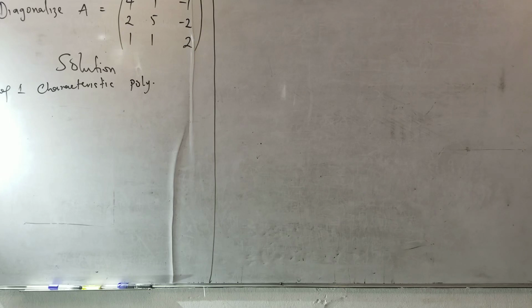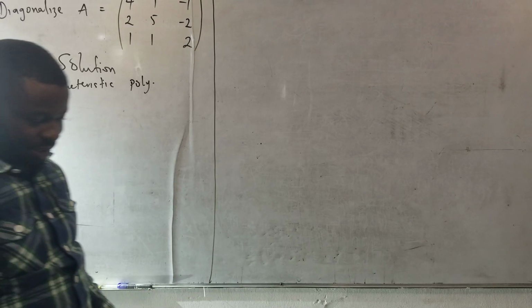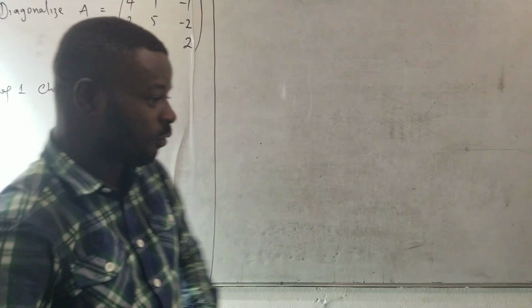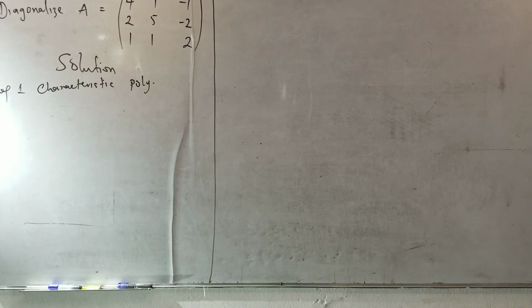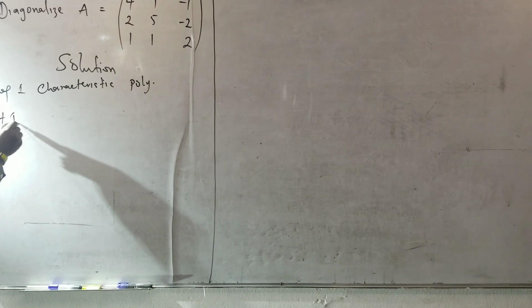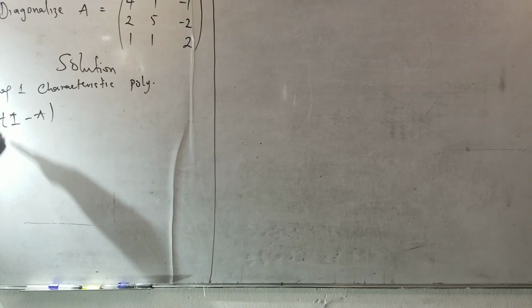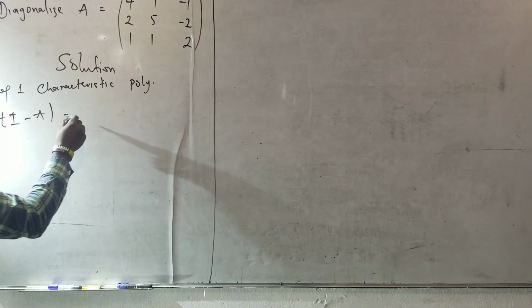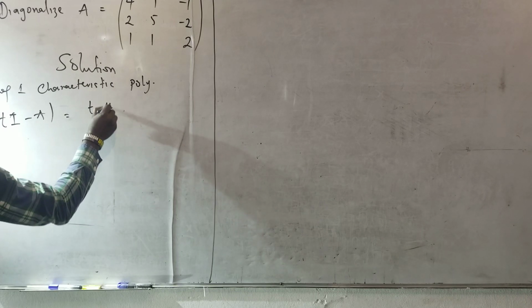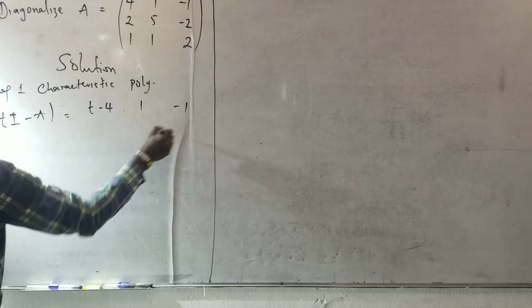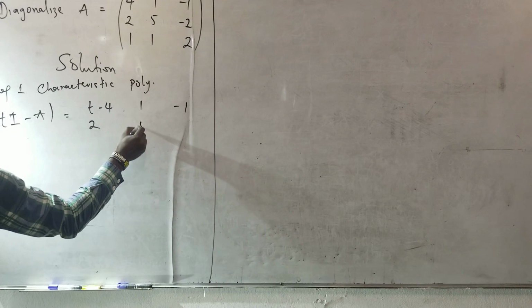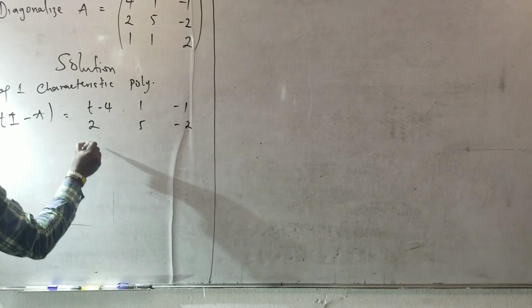The first thing I would know, there is a way of doing it. I can go in a normal form, which is the traditional form, and I can also go by saying that I minus my A, which can also be equals to t minus 4, 1, minus 1, 2, t minus 5, minus 2, 1.